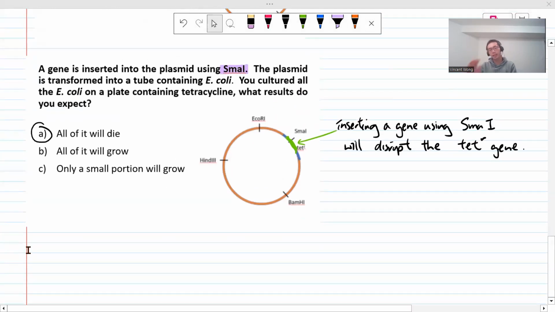So any additional question before I teach you the next key concept? So that's basically how you use recombinant technology to tell the bacteria to make insulin, right?